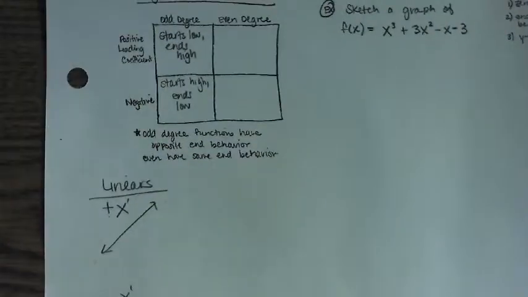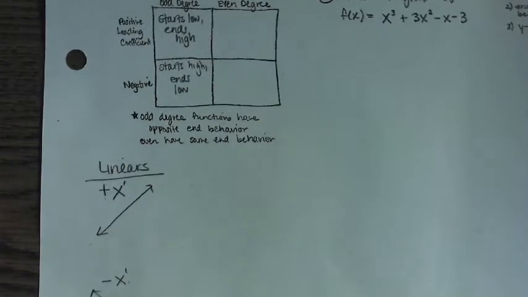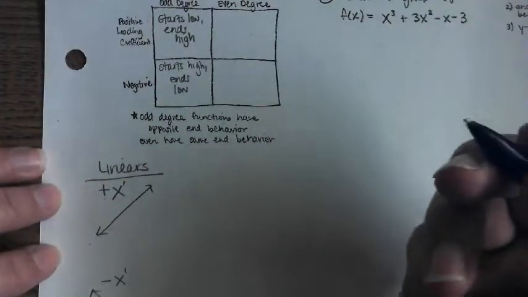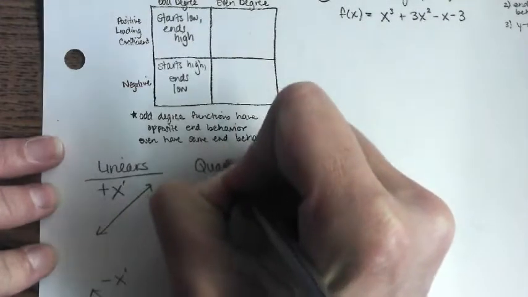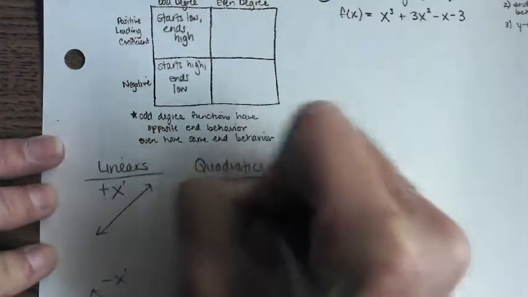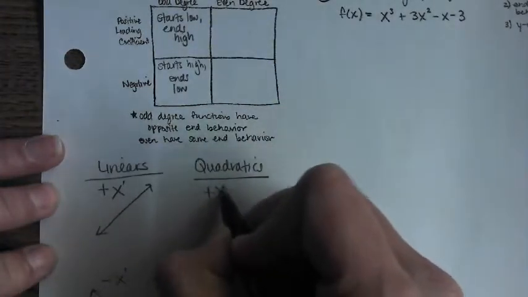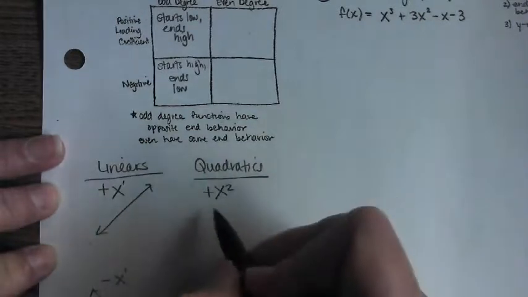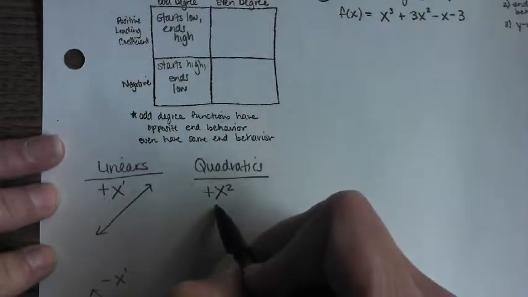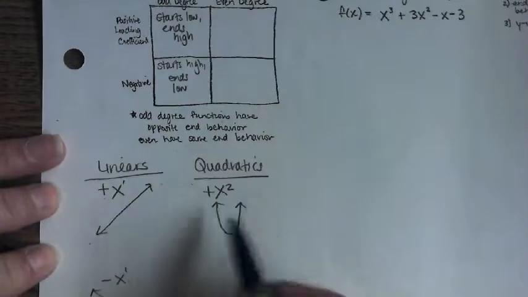And what's the even degree polynomial that you're most familiar with? Quadratics. And you've been trained since Algebra 1 to know that if it's a positive x squared, it's a parabola that opens up. So you know that it starts high and ends high.